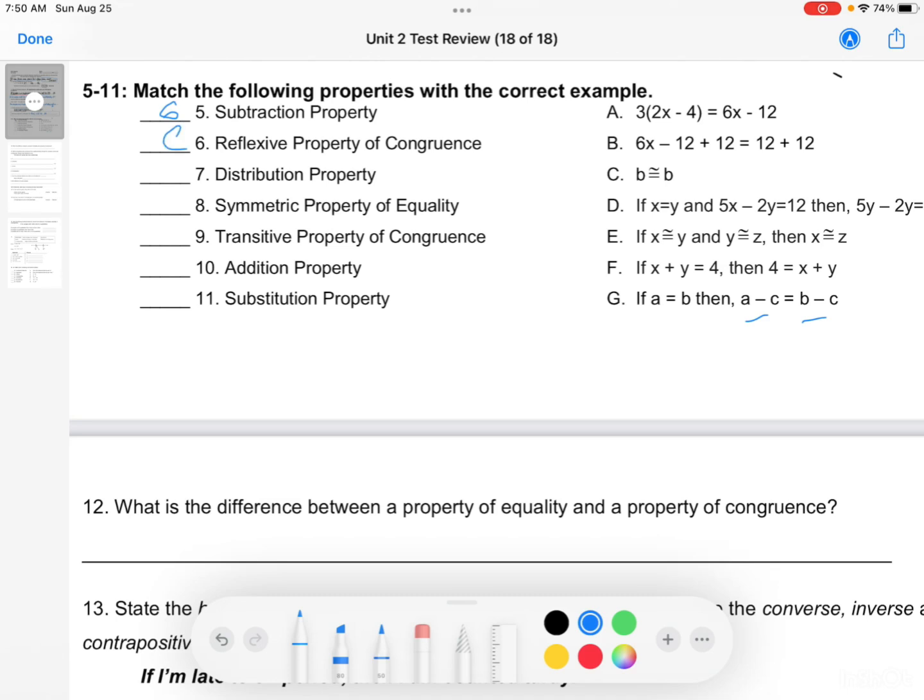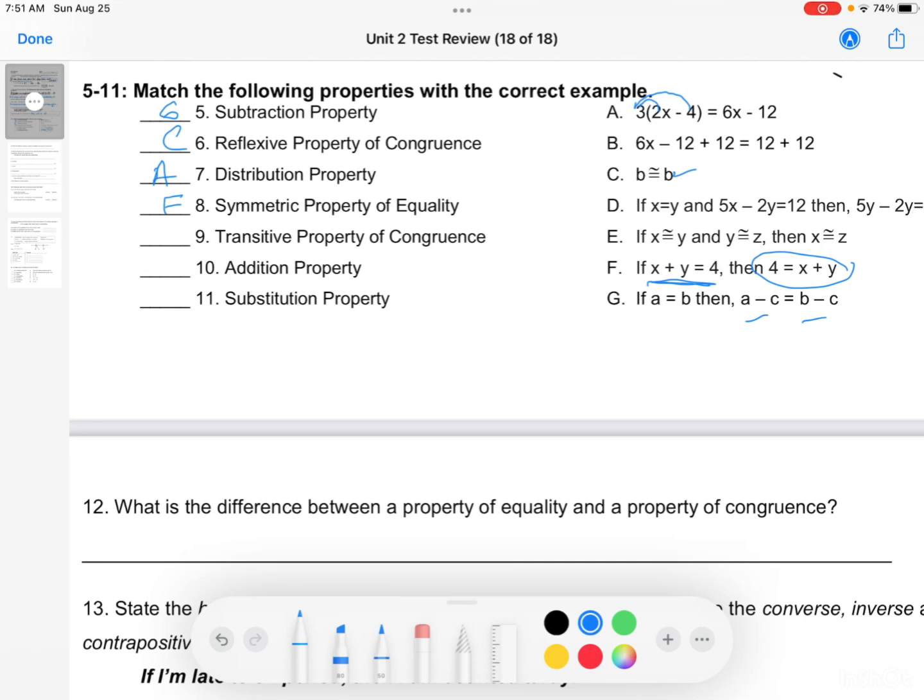So, C. Distribution property, you're distributing 3 into 2x and 4, so 3 times 2x and 3 times 4 to get 6x minus 12. So that's A. Symmetric property is basically they're going to flip. If you notice x plus y equals 4 is what they had first, and then it flipped into 4 equals x plus y. So that would be F.